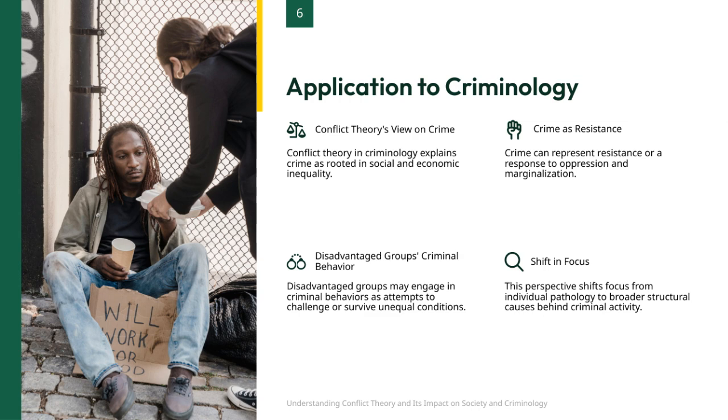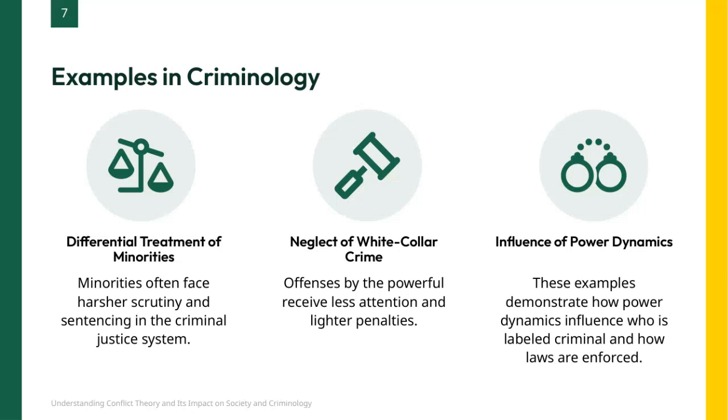This approach shifts our focus away from blaming individual character flaws and instead highlights the larger structural factors that contribute to criminal activity. This perspective is crucial for developing more effective responses to crime that address root causes rather than just symptoms.